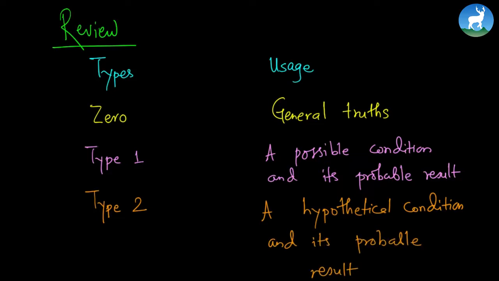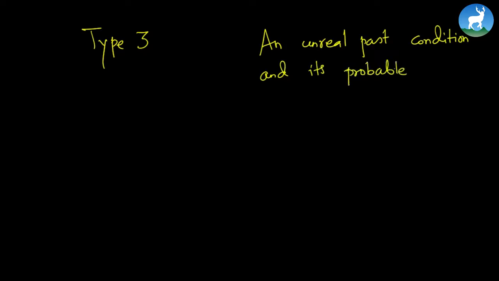Zero, type 1, type 2. So we have 2 more types, type 3 and mixed type. So let's review, then we will study each type in detail. Then comes type 3. In type 3, we talk about an unreal past condition and its probable result in the past.